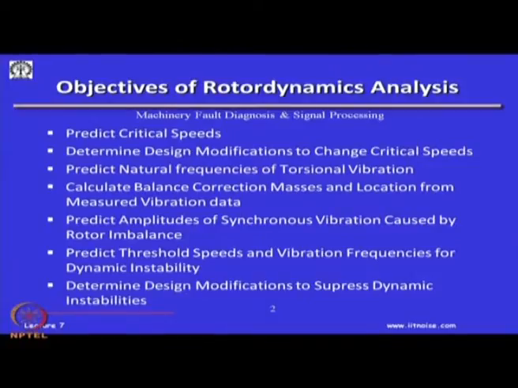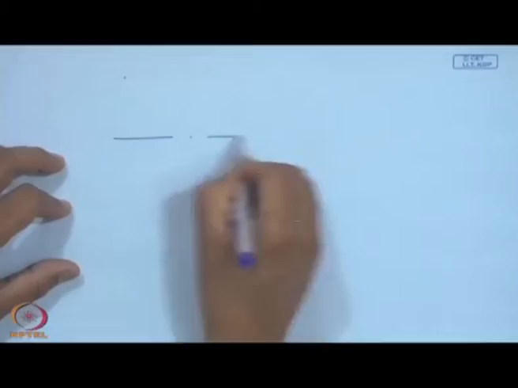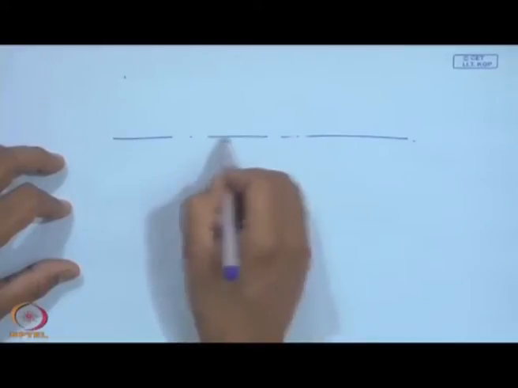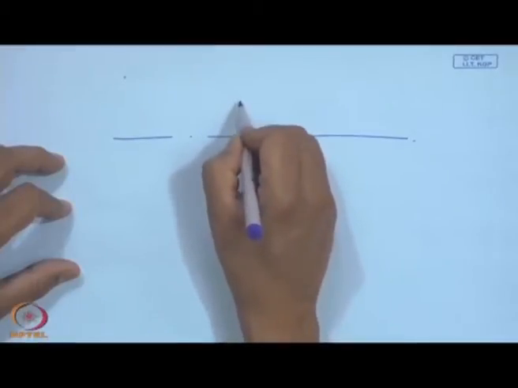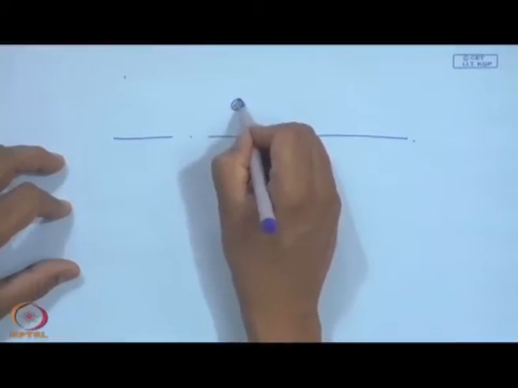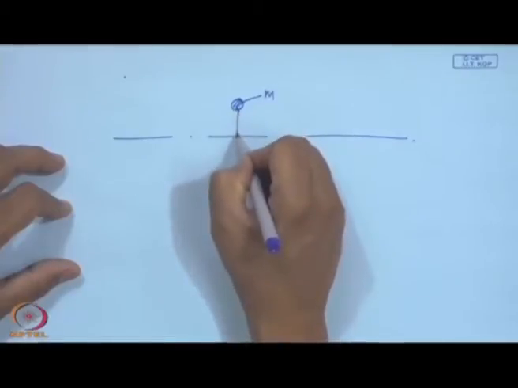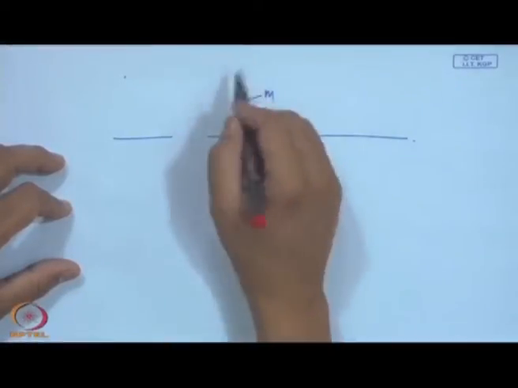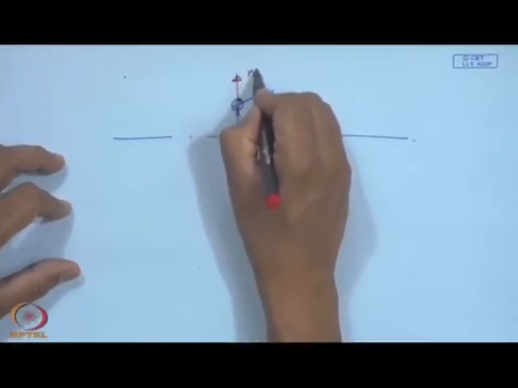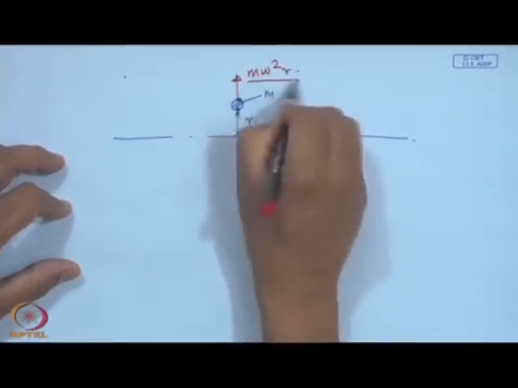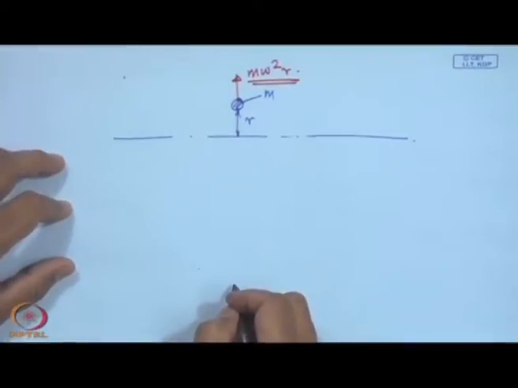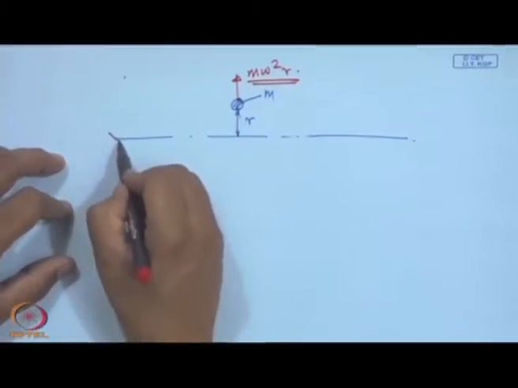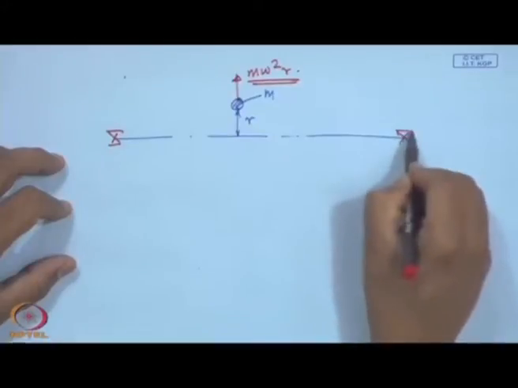So, as a good designer, we have to ensure that the unbalanced mass rotates at its center of rotation, or everything is centered around the rotation and not away. Suppose I have an unbalanced mass m at a distance r, I am always going to have an unbalanced force m omega square r, and this is going to be harmful to my bearings.